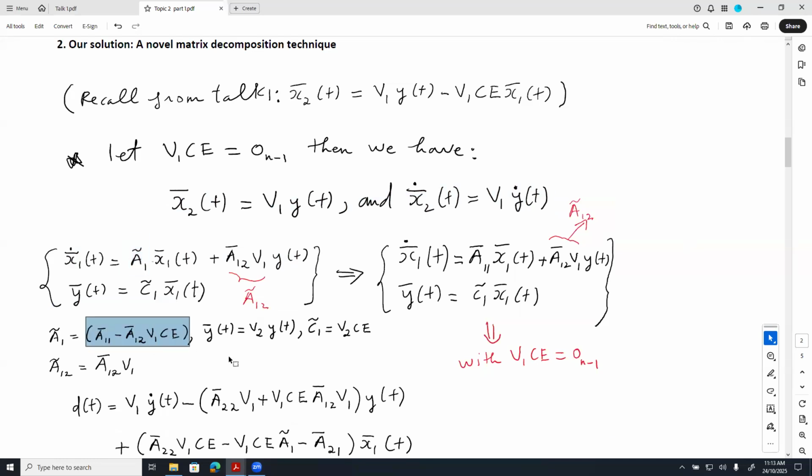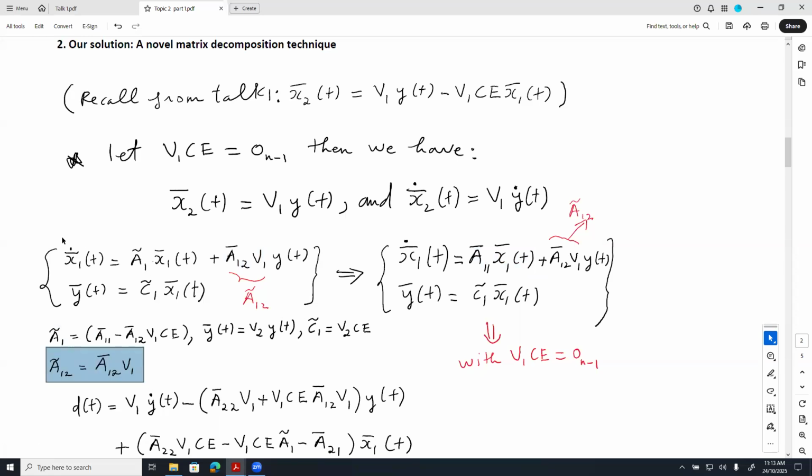Now, because V1 C E is 0, we get A tilde 1 simply equal to A bar 1 1, where we have this expression here. And that bit there, for simplicity in the notation, we call it A tilde 1 2.